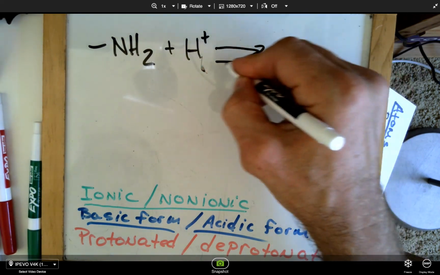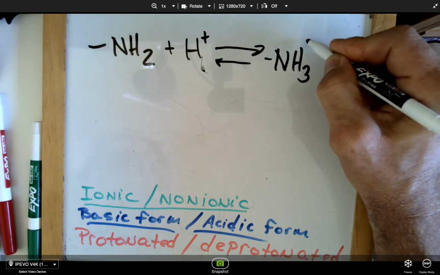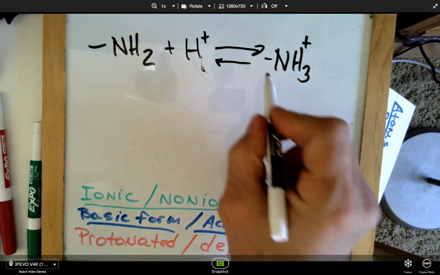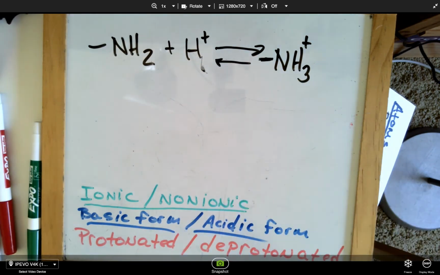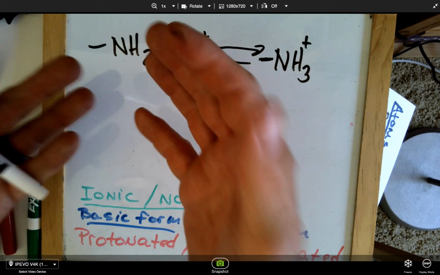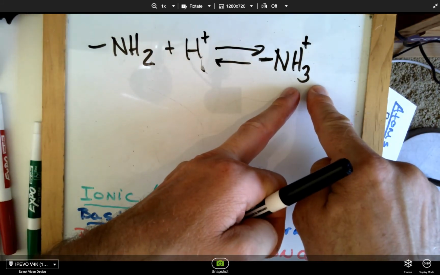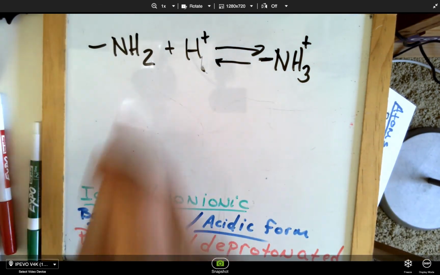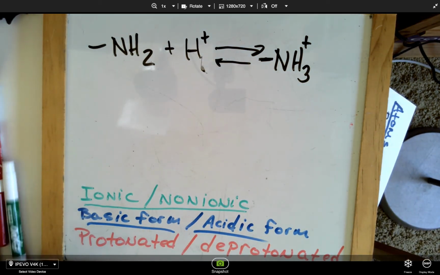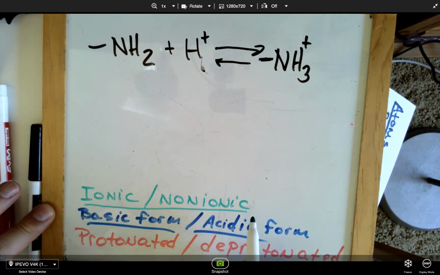Yield, and this is equilibrium, this is reversible, NH3 plus, and that's it. All right. So now we have this equilibrium. When you put in something with an amino group into an aqueous solution, some of that amino group will soak up some of the protons to become this, and some of them will stay deprotonated. So again, let's take a look at this equilibrium, and now let's apply these pairs of terms.